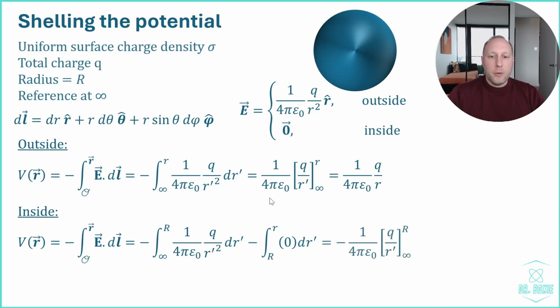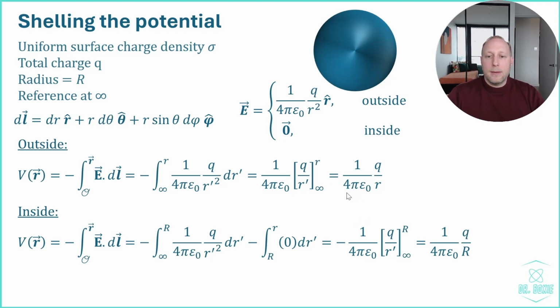And so we are left with the integral of the same integrand, 1 over 4 pi epsilon naught times q over r squared, but now with boundaries infinity at the bottom, but capital R, so the radius of the shell, at the top. Again, the term at infinity vanishes, and so we're left with this expression.